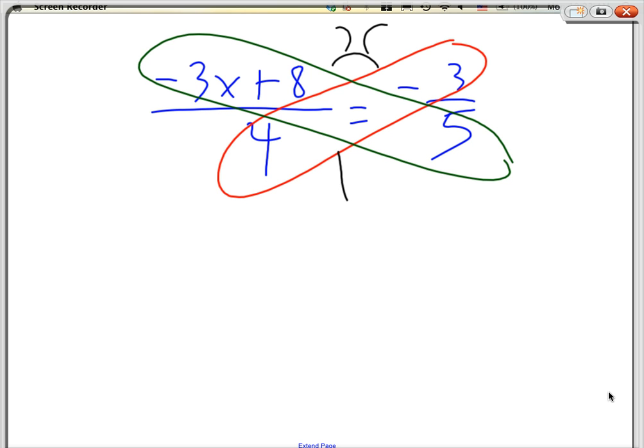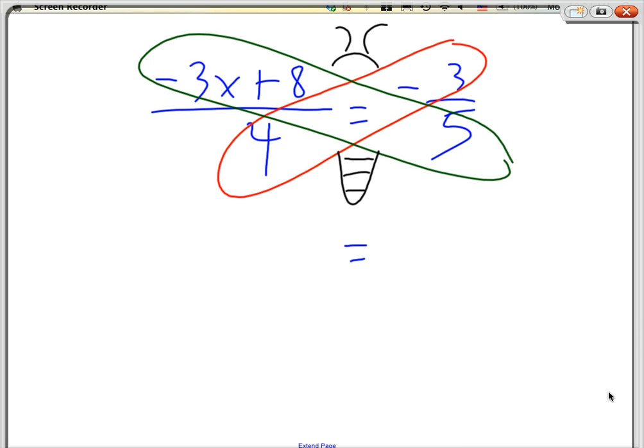There you go. Perfect, isn't it? Fraction on each side, I remember my butterfly. And then I just cross multiply. That's all we're doing. And notice that when we cross multiply, I'll just go with the red right here, just to remind you.